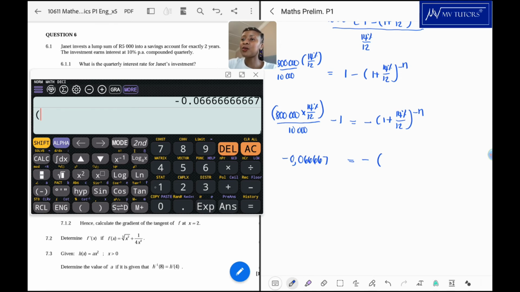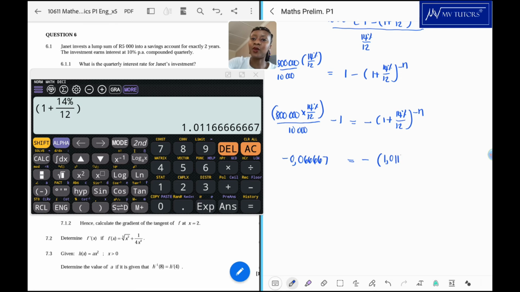Okay, so I have 1 plus 14% all over 12. I shouldn't have used brackets, but I have 1.011667.